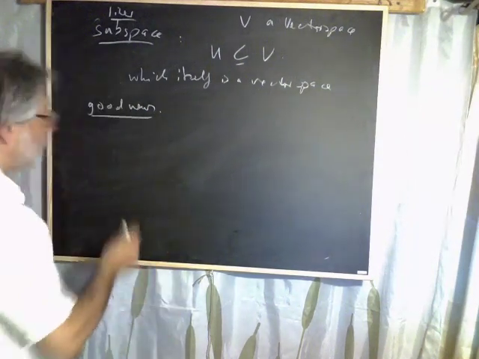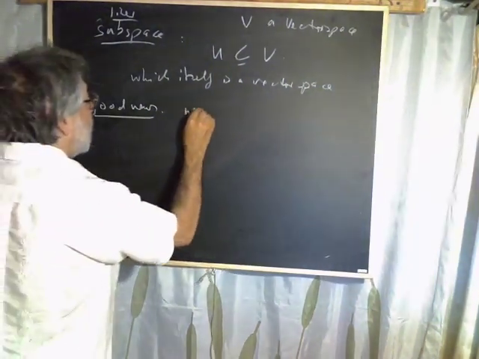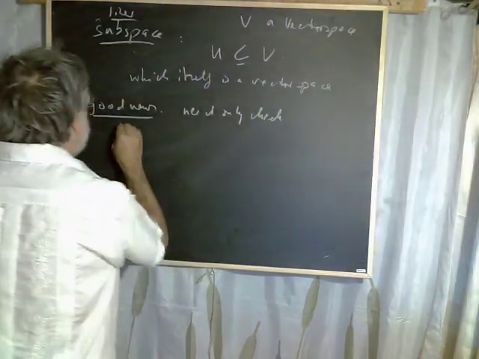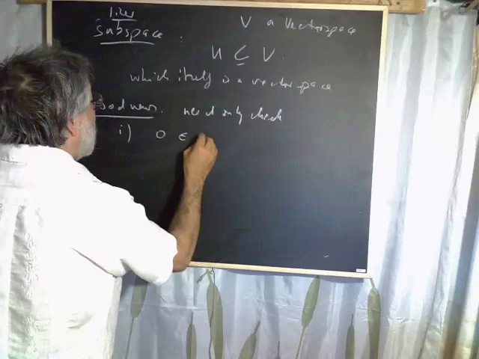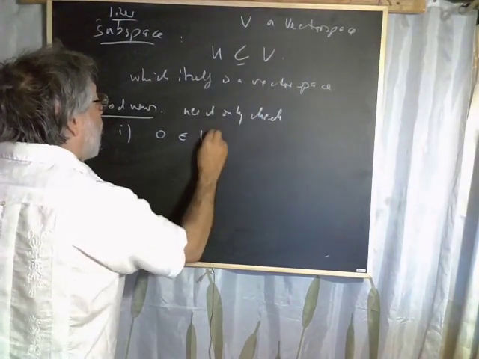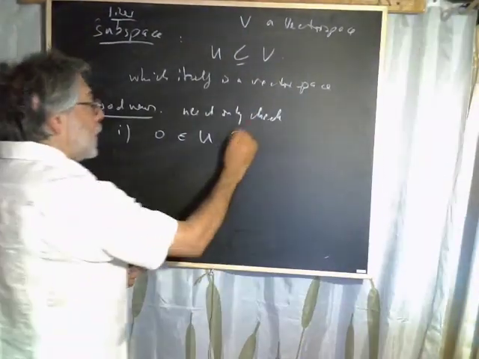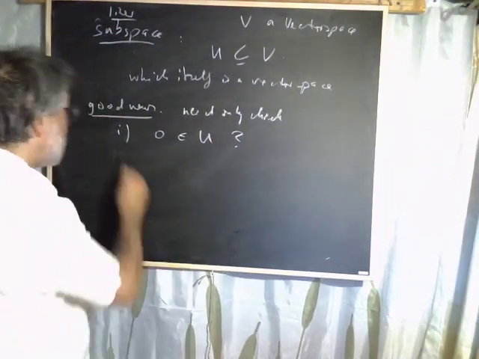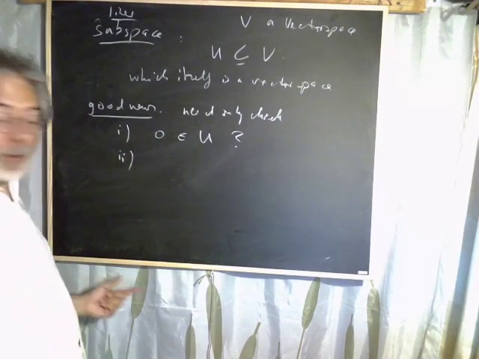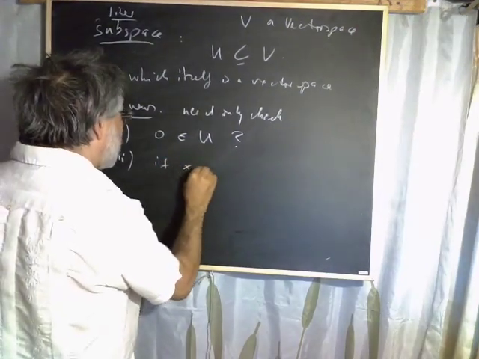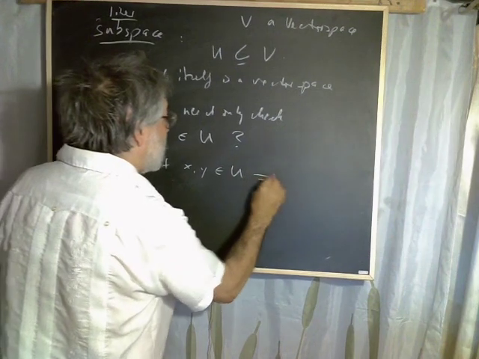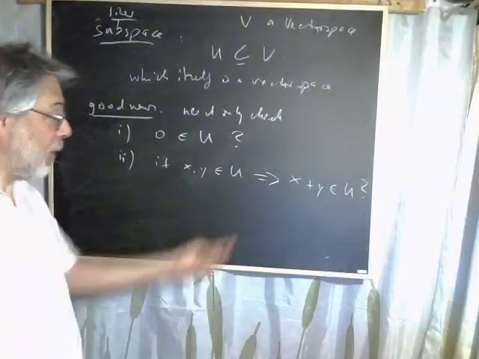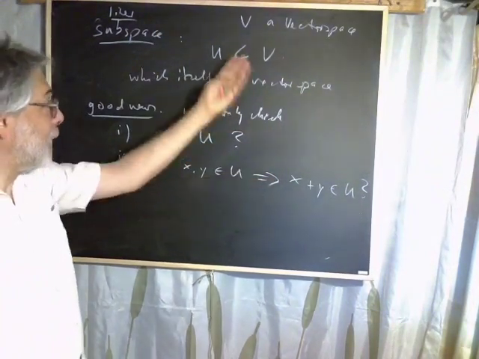So, first of all, you need only check, first, is the 0 element of V already in U? If that is the case, you go on. If not, then you know it's not a vector space. Second, if x, y in U, does this imply that x plus y in U also? If this is satisfied, you go on.